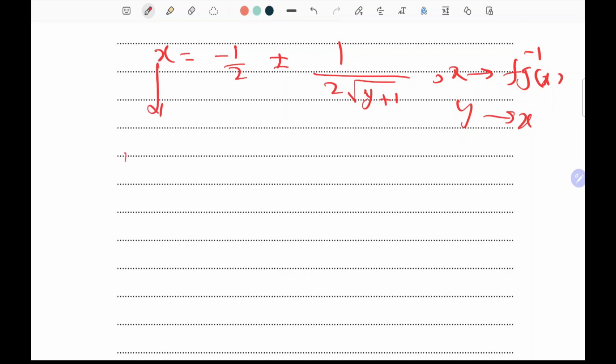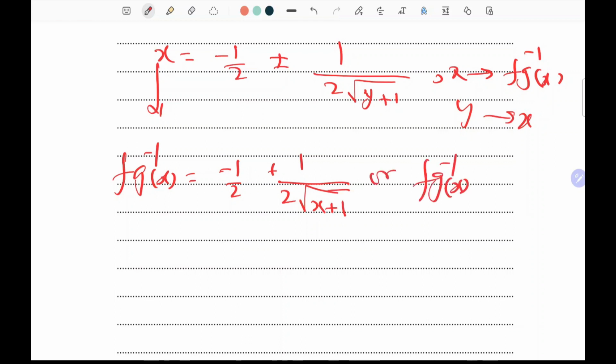So guys, here we will get fg inverse is minus 1 over 2 plus 1 over 2 root x plus 1, or fg inverse is minus half minus 1 over 2 root x plus 1.